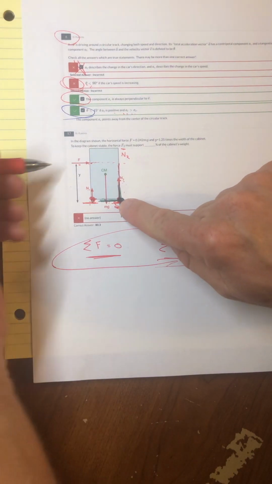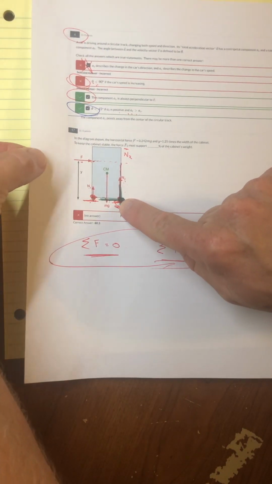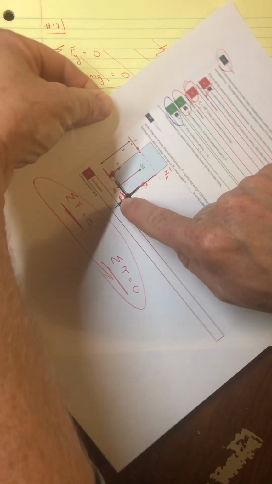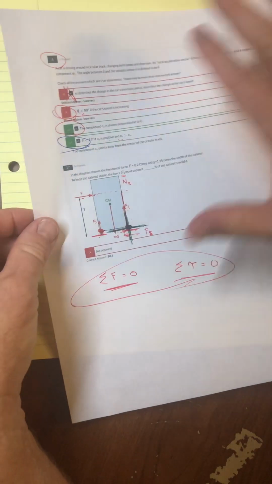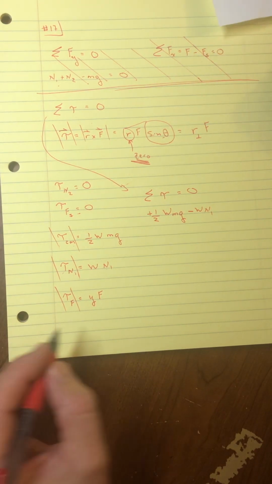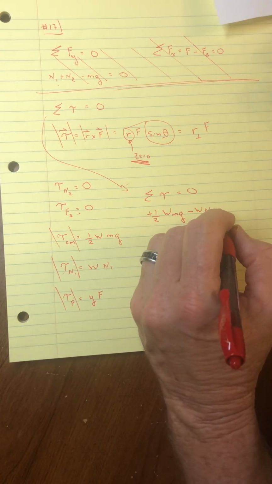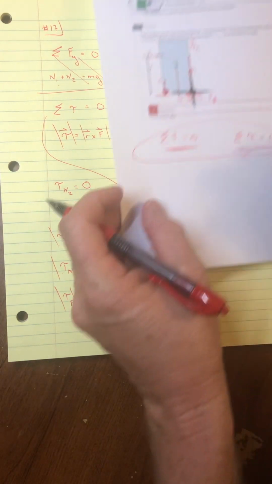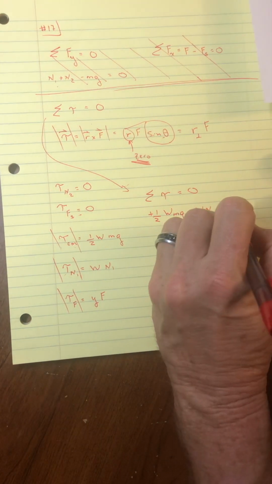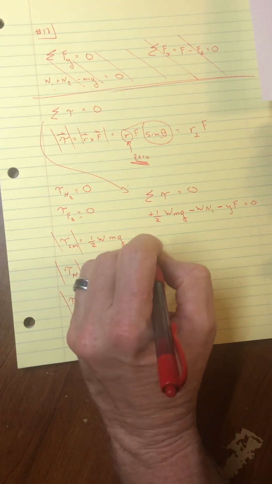And then the last one, which is kind of a push on the cabinet this way. Again, that would rotate it clockwise. And clockwise is our negative direction, so that's a negative torque. So I would say that's a negative y, and, well, let me just put yF and set it equal to 0.